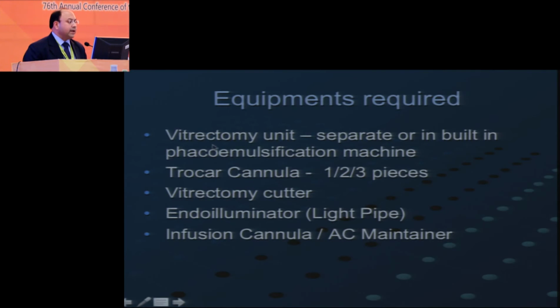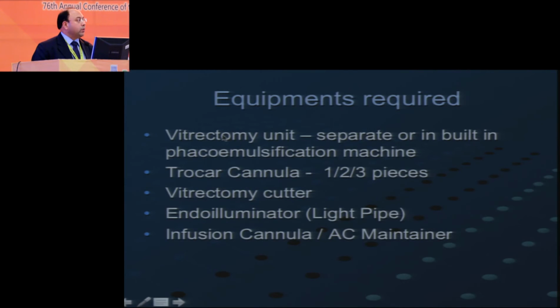What it requires is a vitrectomy unit and a trocar cannula system. There are usually 3 trocar cannulas which come in one box, a 23 gauge vitrectomy cutter, an endo-illuminator, that is the light pipe, and an infusion cannula which provides the infusion through the pars plana region. Most of these units are disposable and are available from most of the companies.